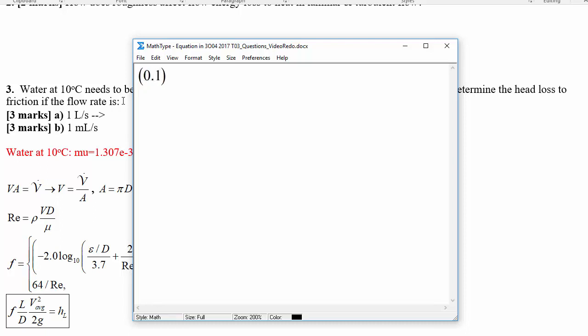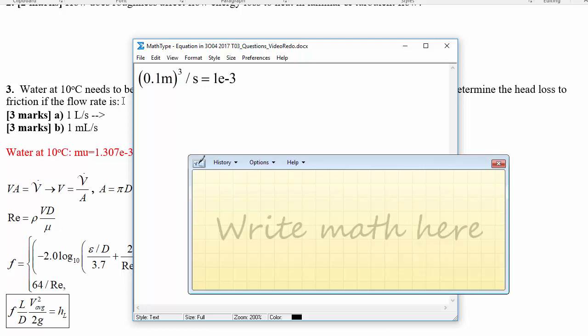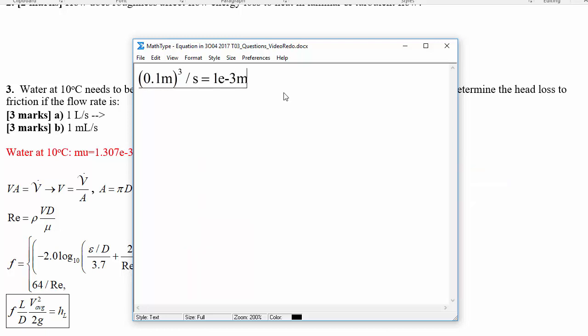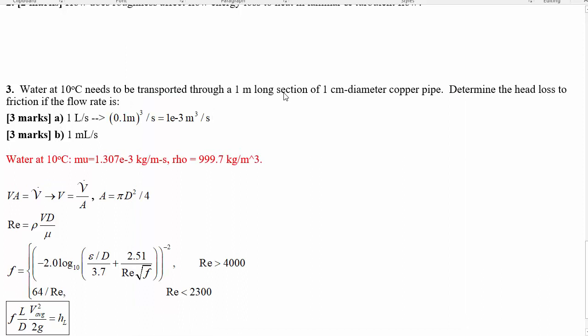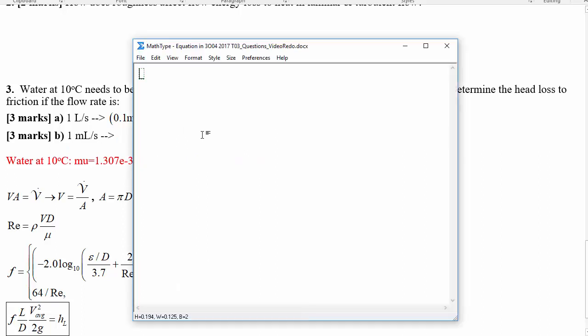So this should be 0.1 meters cubed per second, which is equal to 1 e minus 3 meters cubed per second. Okay, so that's the volumetric flow rate here. And this one is 1/1000th of that. So this should be 1 e minus 6 meters cubed per second.